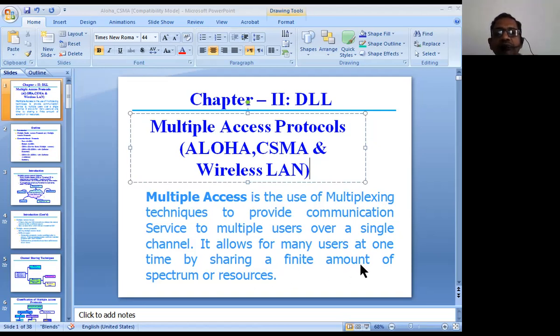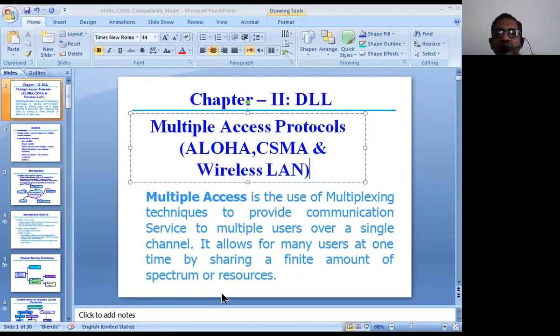Therefore, a finite amount of bandwidth, a finite amount of frequency spectrum, is the limitation of wireless communications. When we deal with wired communication, we can achieve whatever bandwidth we really require or want to transmit.